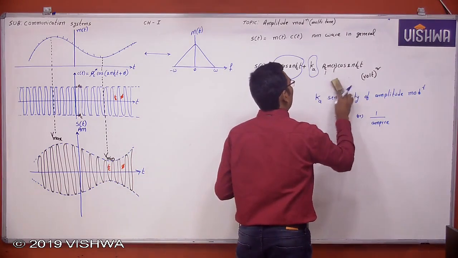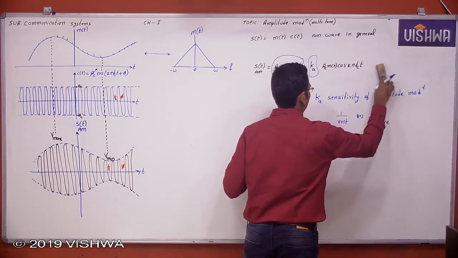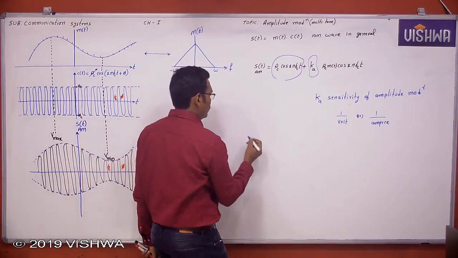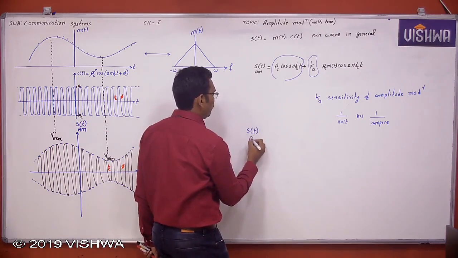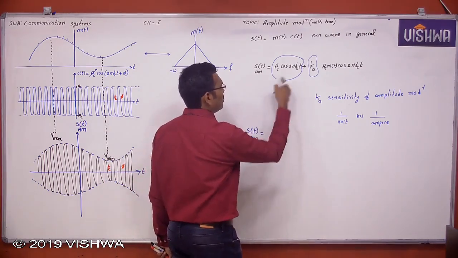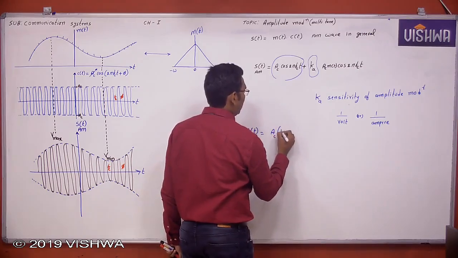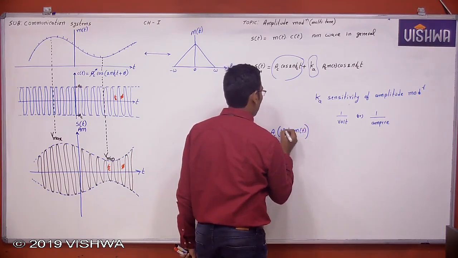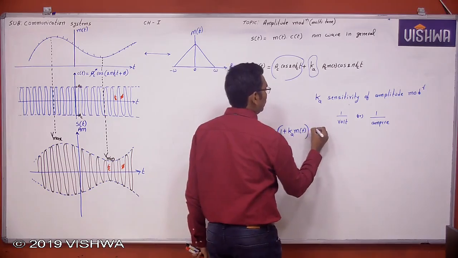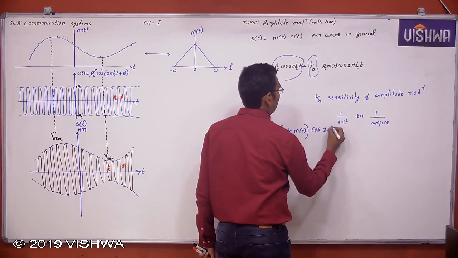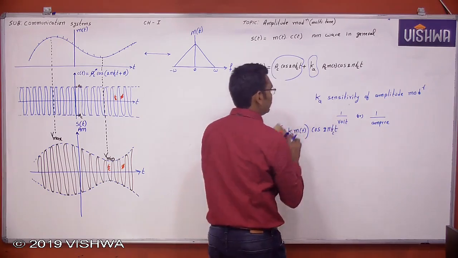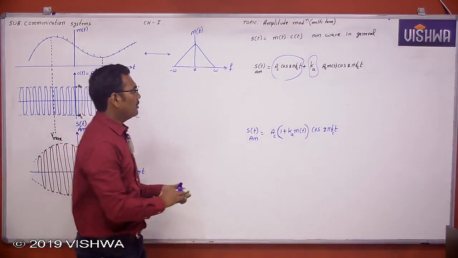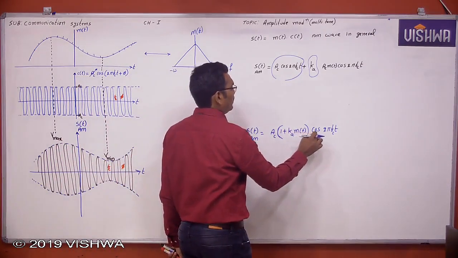Why K_a is added, and all these things we are going to discuss. Now what is the standard mathematical time domain equation of an AM wave? If you take A_C cos 2 pi f_c t as common, then A_C into 1 plus K_a into m of t, into cos 2 pi f_c t.